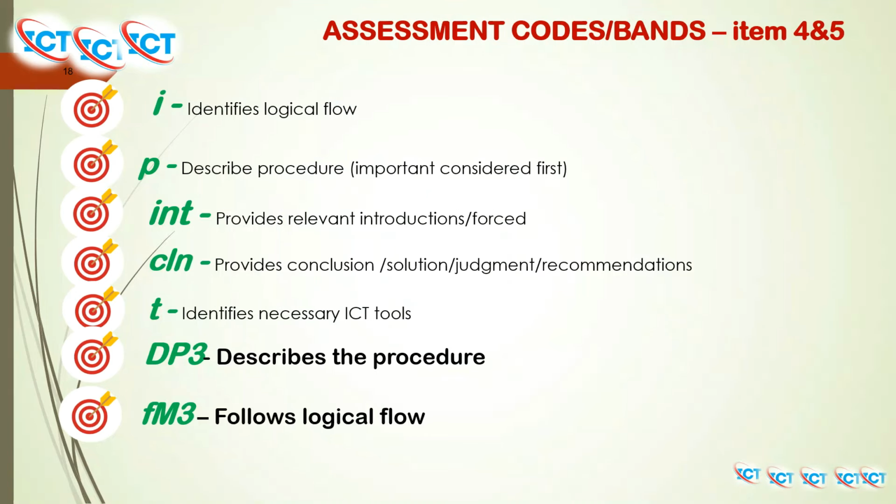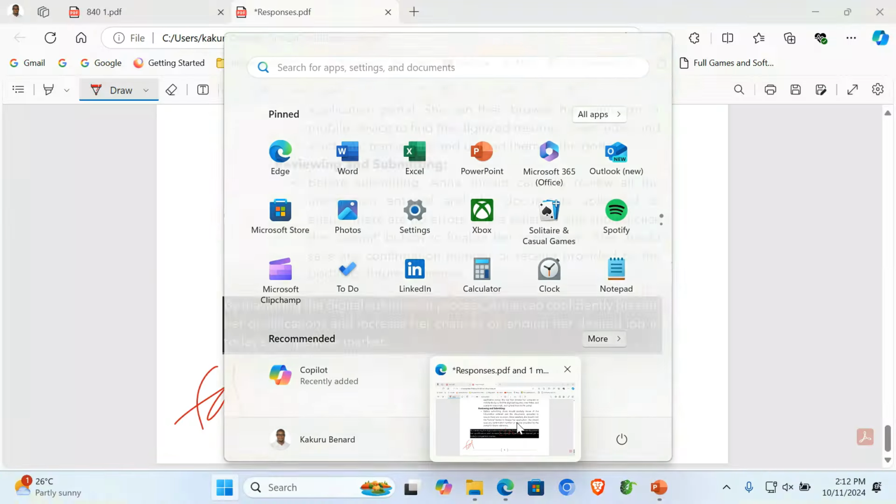Then more to that, we need to see you identifying ICT tools at every stage or step. So you need to have given an introduction, then you need to have given the procedure while helping someone.